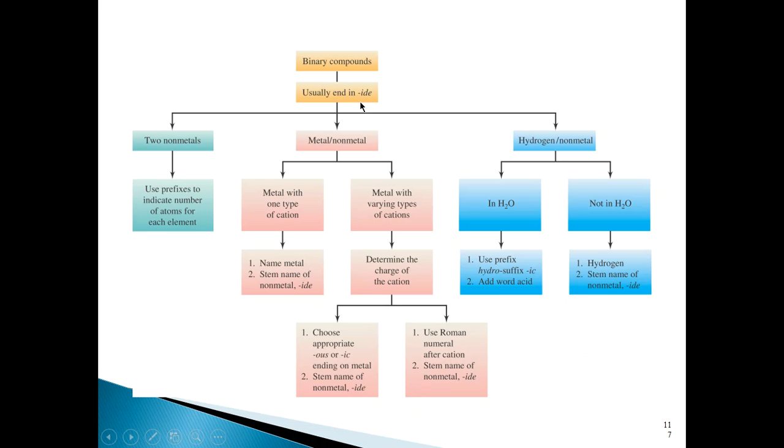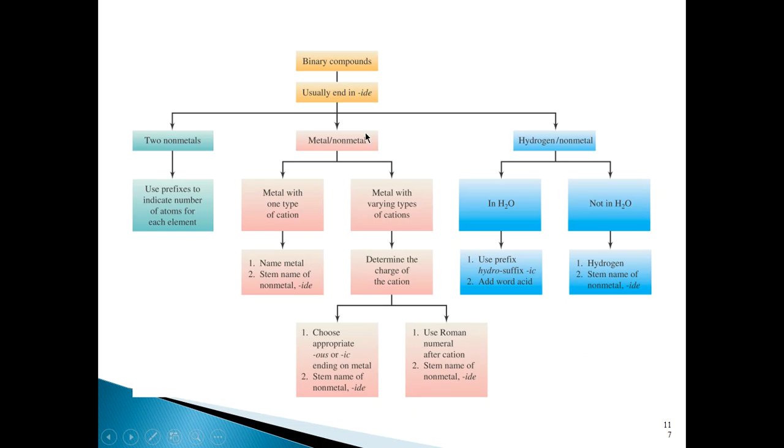Of course, there are some exceptions, especially when naming acids, but to concentrate on this part of the chart here, if you have a binary compound formed from two nonmetals, then we use prefixes to indicate the number of atoms of each element, and that's basically it. Of course, we name it according to which element is more metallic, that one places first, and for the next element, we use a stem name of it, followed by IDE.